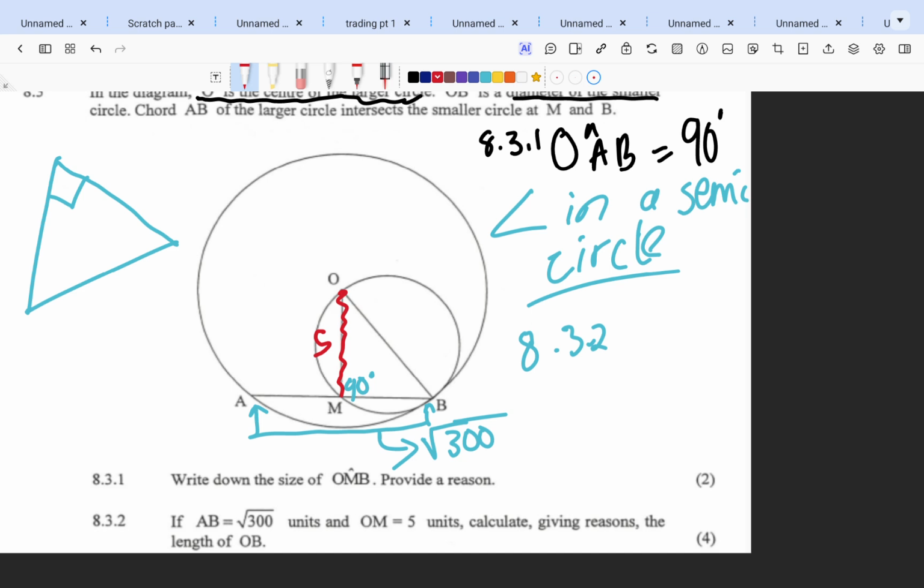Y'all know that obviously we're gonna use the theorem of Pythagoras, because you can see the little 90 degrees here. Okay, and then let us now see what we are given. We have this side, but we don't have this side. Yes, we do, but we have to firstly calculate it.